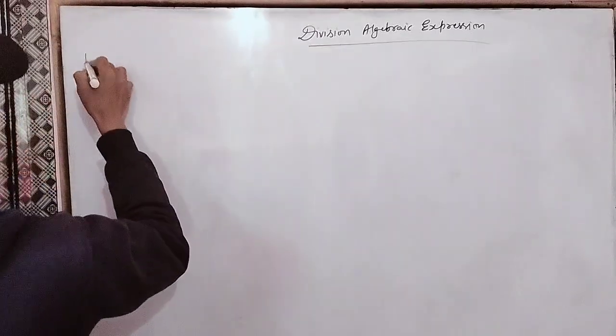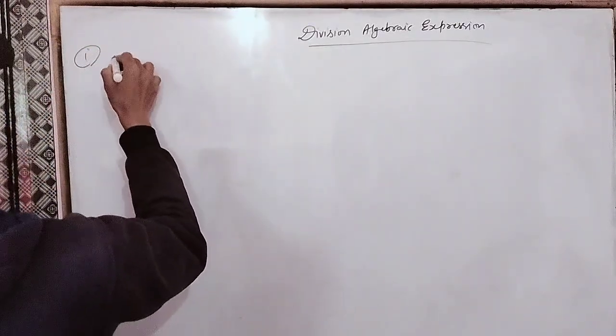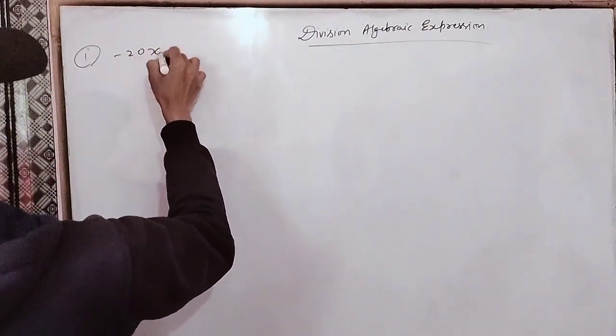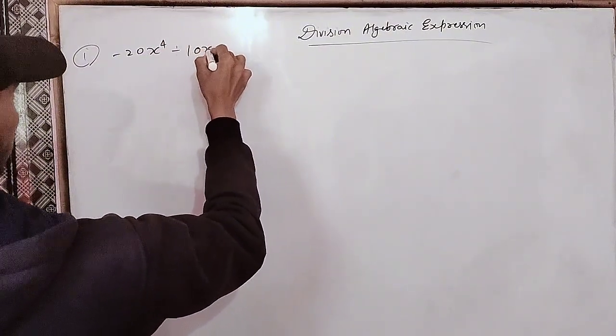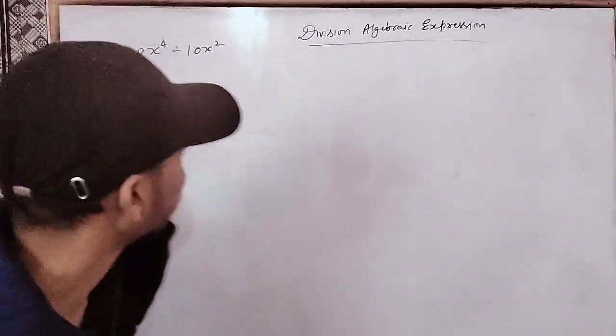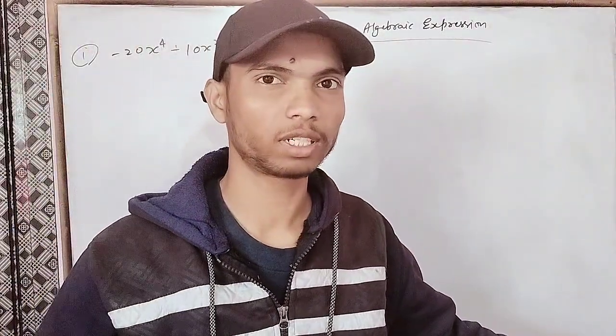First question we have: minus 20 x to the power 4, divided by 10 x square. This is the question. Now let's solve it.